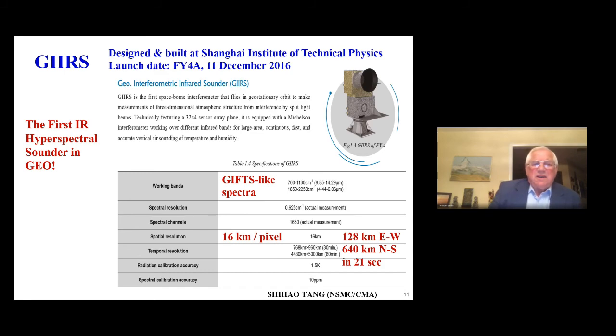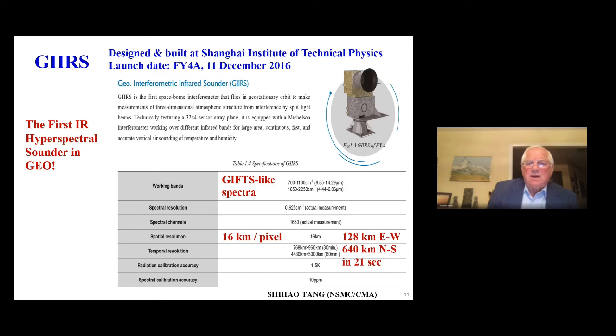China was the first to launch a GIFS-like instrument on FY4A in 2016. They call this the GIIRS instrument, the Geostationary Interferometric Infrared Sounder, but it's GIFS-like. It's just like GIFS spectrally.